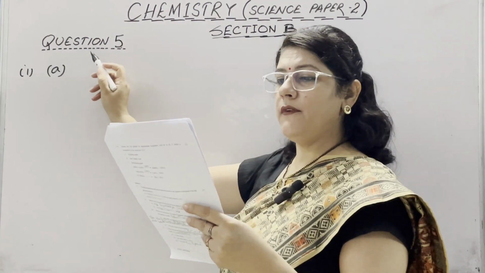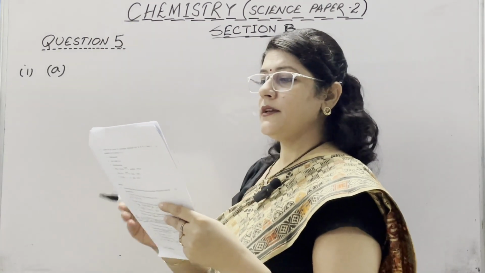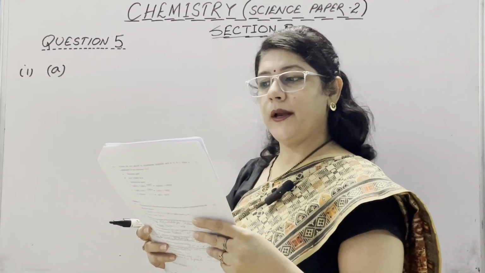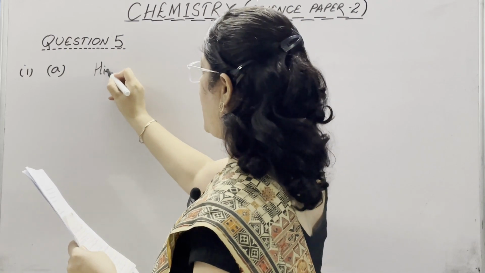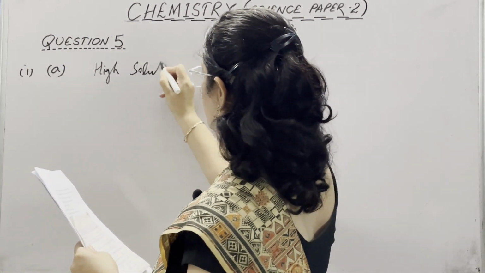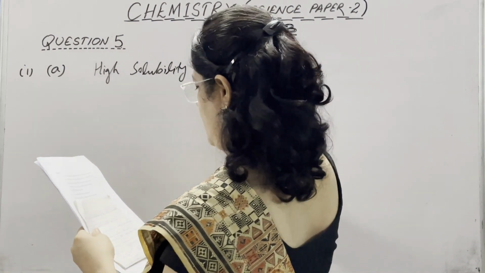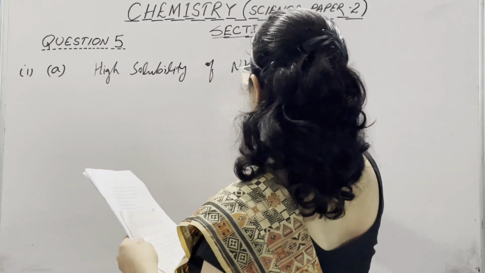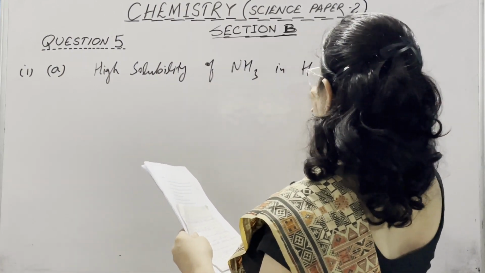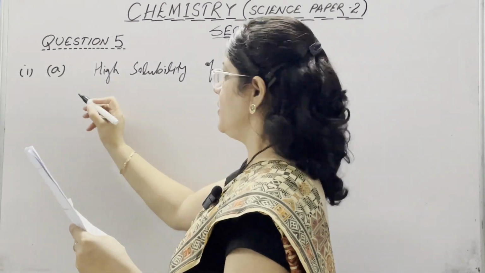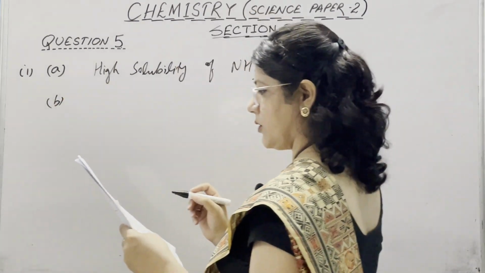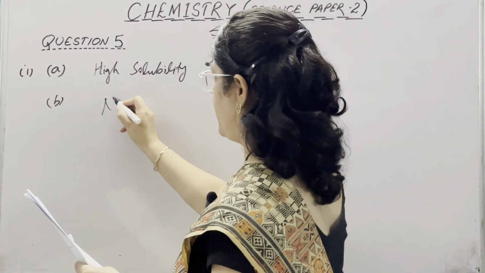In question number 5, part 1, A is: state one property of ammonia demonstrated in fountain experiments. So this property is high solubility of ammonia in water.